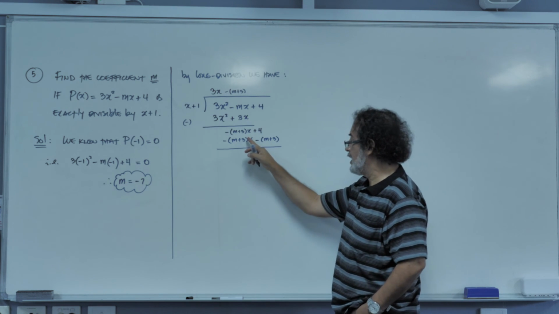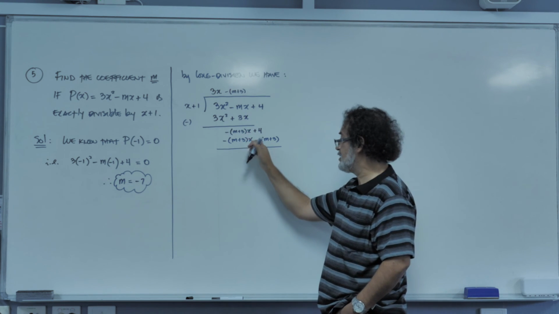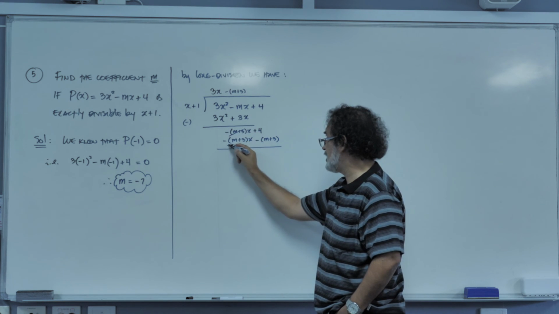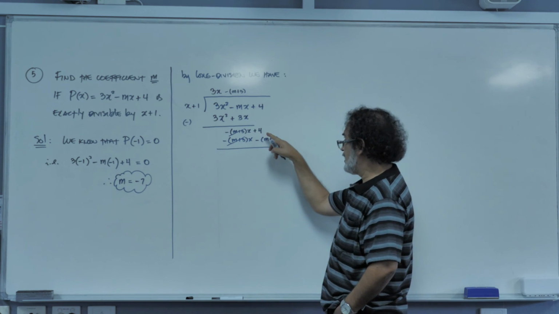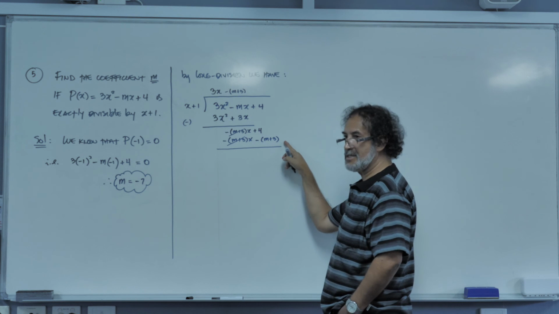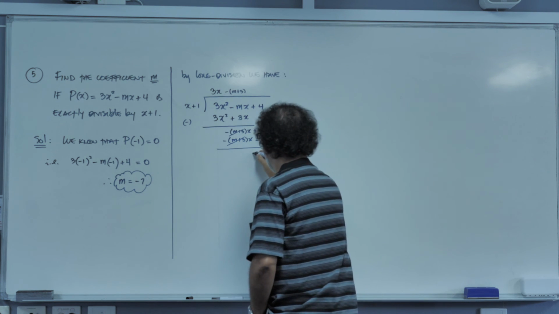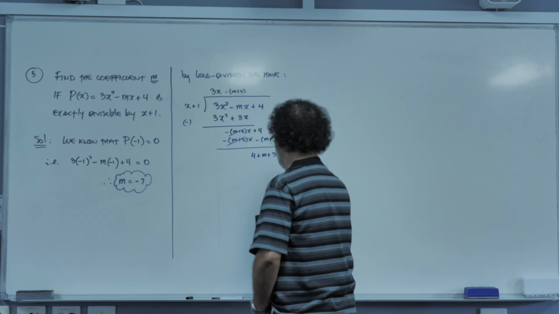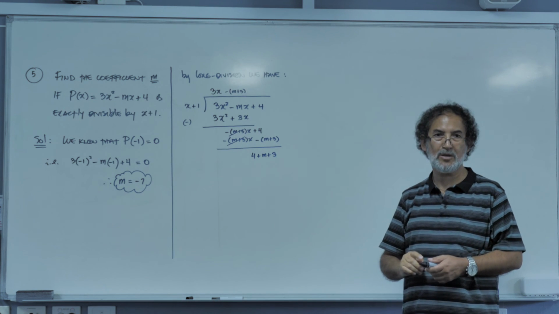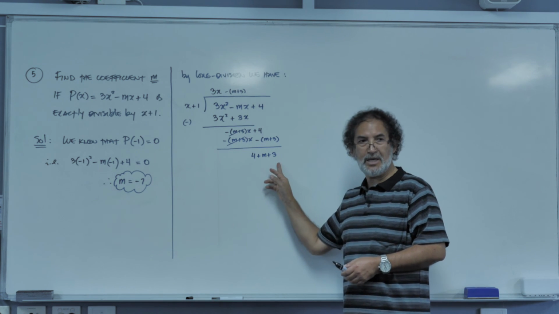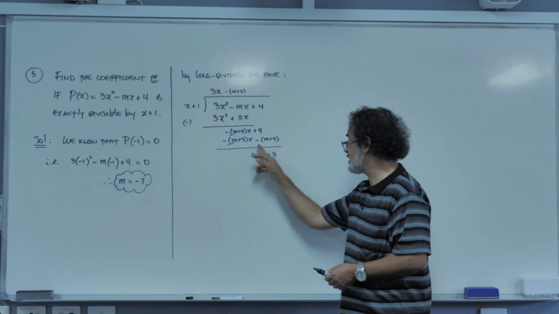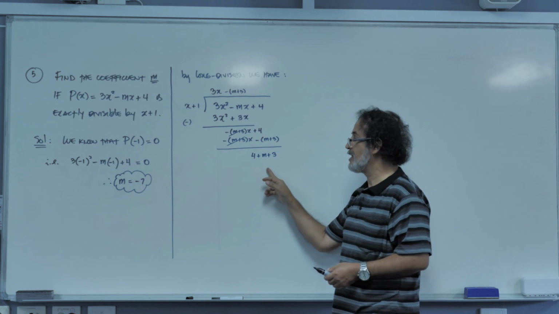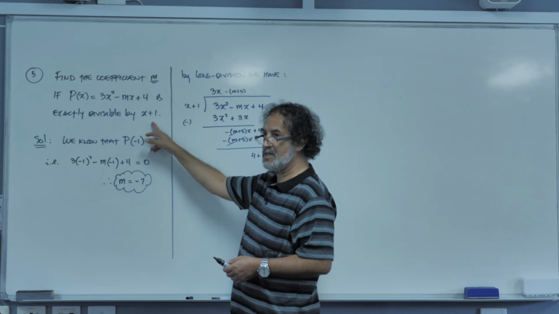Okay, now, can you see that if you do the subtraction, these two will cancel, right? So we know that. And then we have to do 4 plus this. Okay, so we're going to have 4 plus m plus 3. Okay? And this is the remainder. All right? And we know that the remainder is equal to 0.